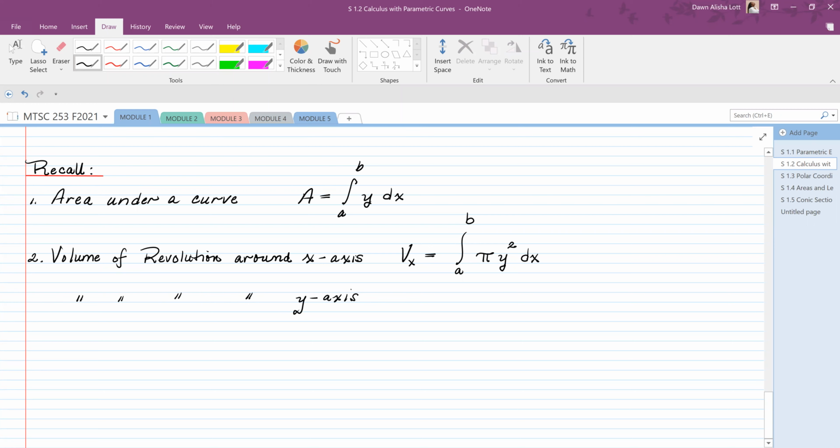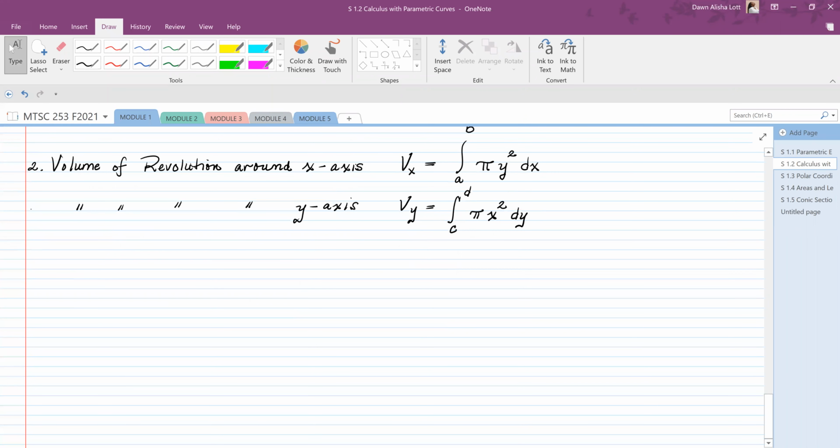So now we're assuming x is equal to g of y. So that volume is the integral from c to d of pi times x squared dy. So that's number 3. Number 4 is arc length.